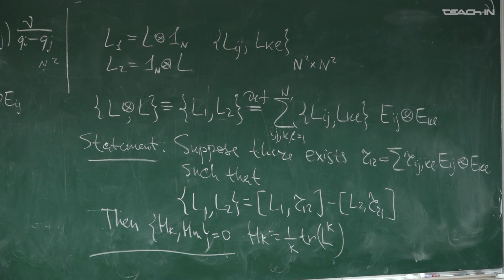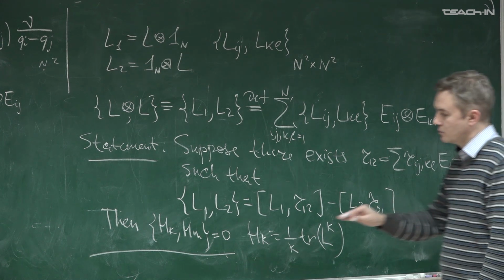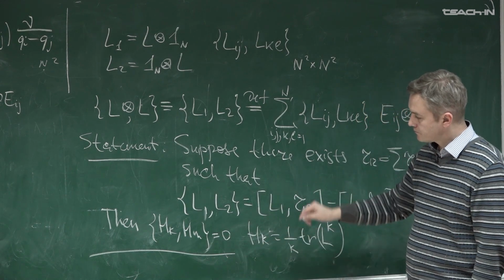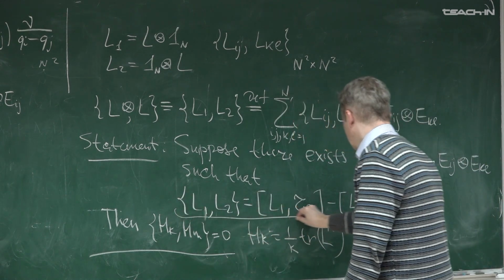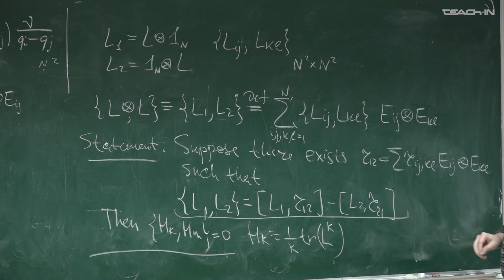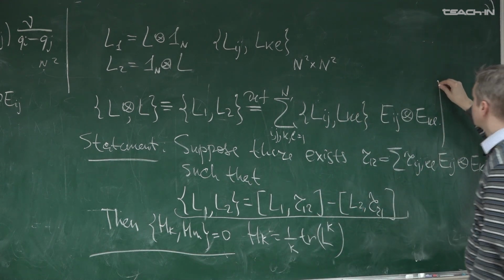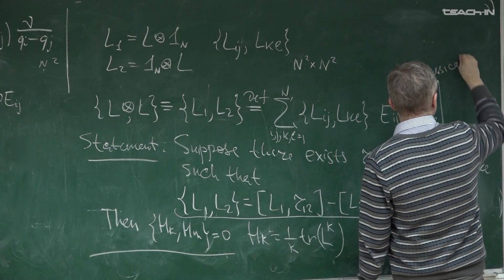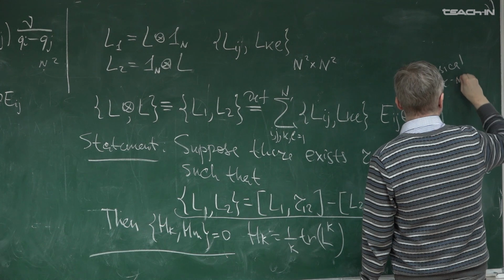But even if you have this Lax representation, it's not enough for you to conclude that the model is Liouville integrable. For Liouville integrability, you need to prove this involution property, and this involution property follows from the existence of a classical R matrix. So this object is called the classical R matrix.